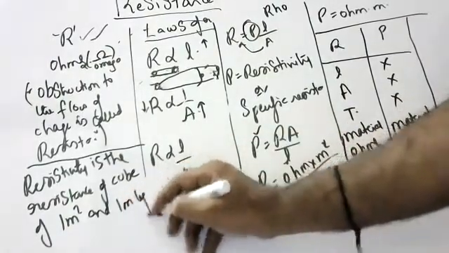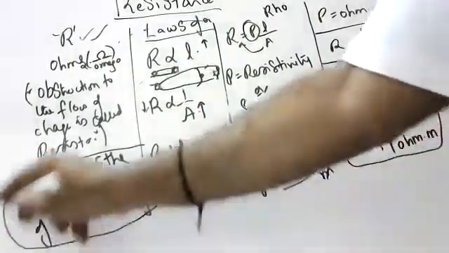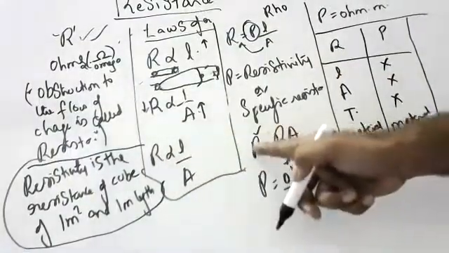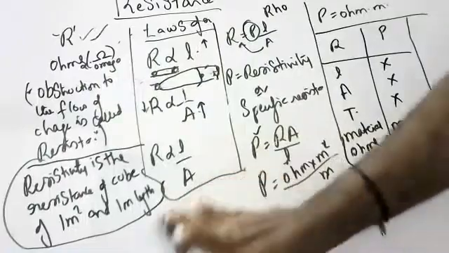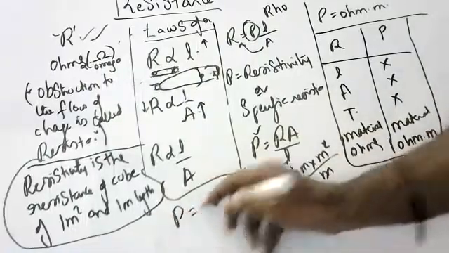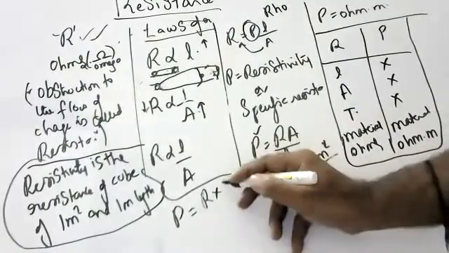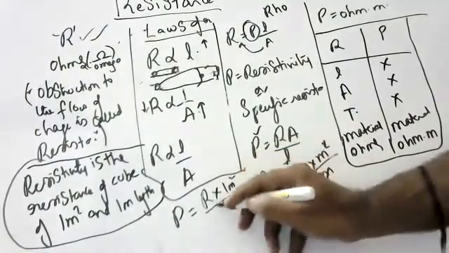I know you didn't understand. Don't worry about it, children, I'll explain everything. See here. Resistivity is the resistance of a cube of 1 meter square area and 1 meter length.